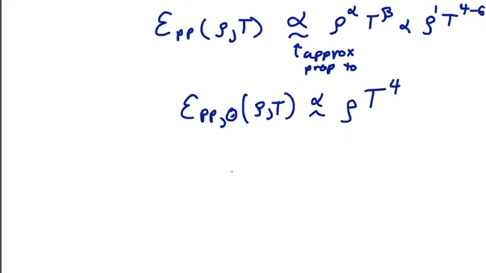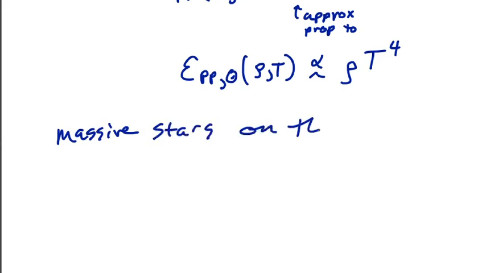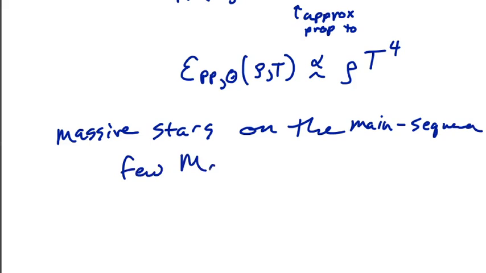So the other classic group that we'll run into is that for massive stars on the main sequence. These are things much more massive than the sun, a few solar masses up to roughly hundreds of solar masses or so, where we think kind of the upper limit of modern stars is.